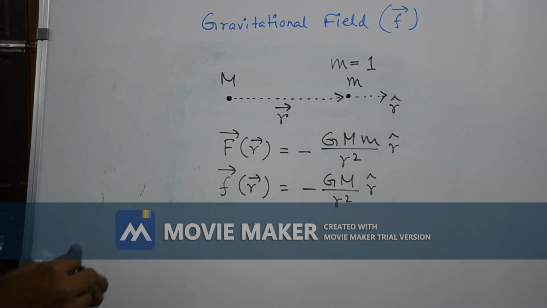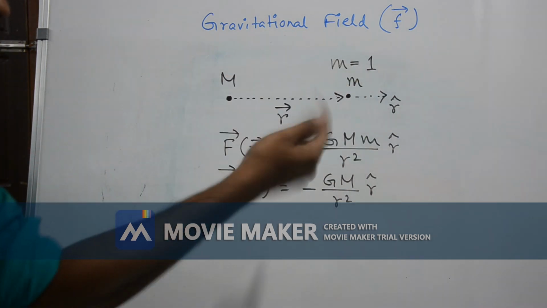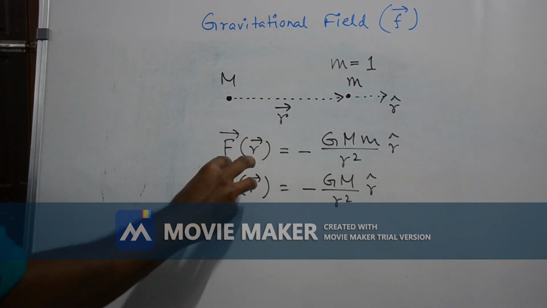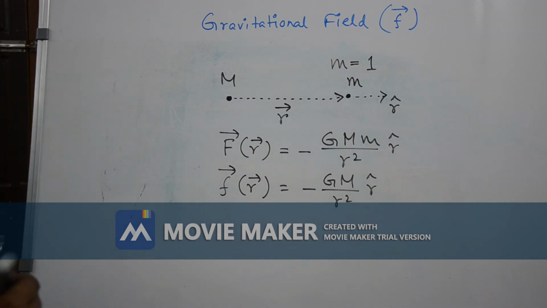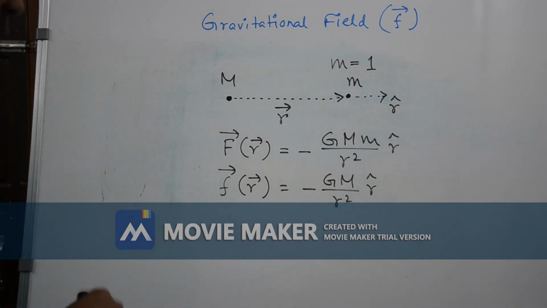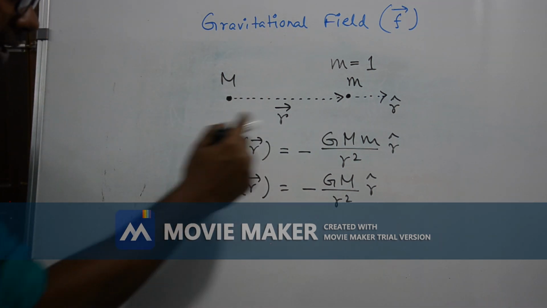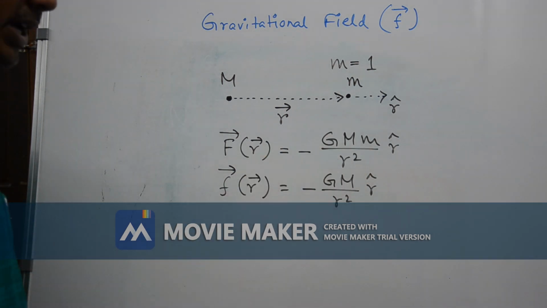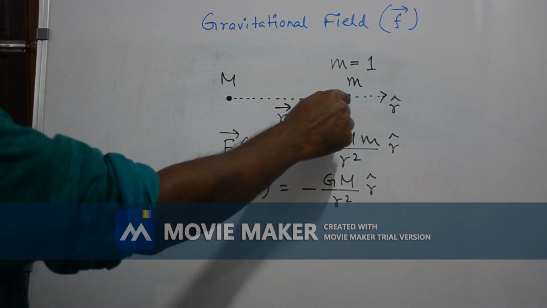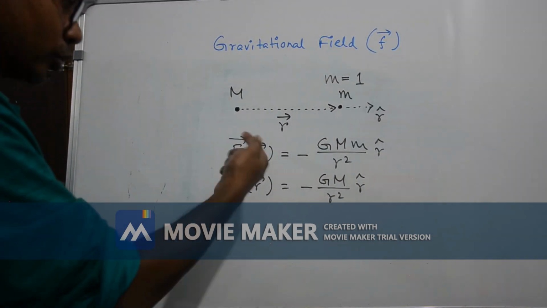So if we had taken the unit mass and kept it over here, the force of attraction was this only. That's why most of the time our main concentration is on the gravitational field. We generally don't try to calculate the gravitational force directly, because if we know the gravitational field at some point, it becomes very easy to calculate the force.